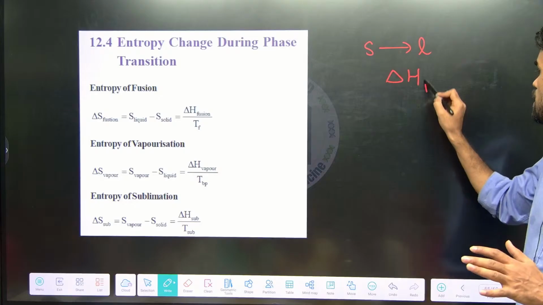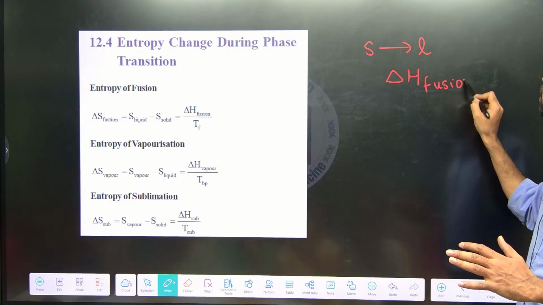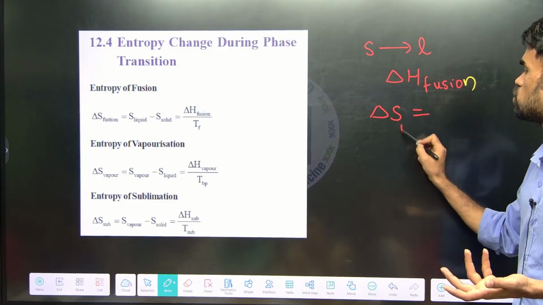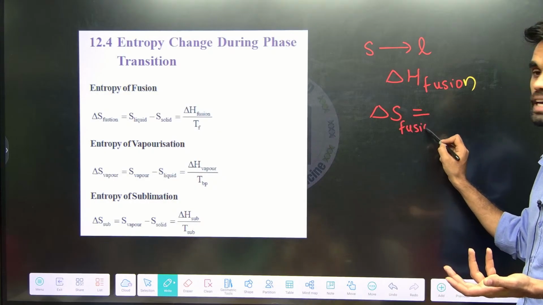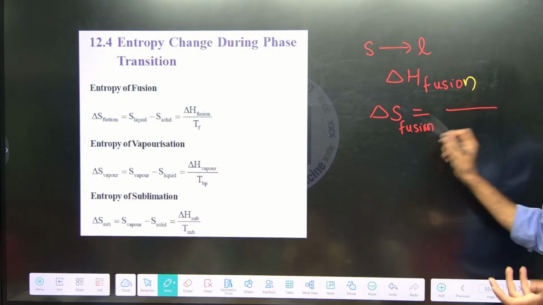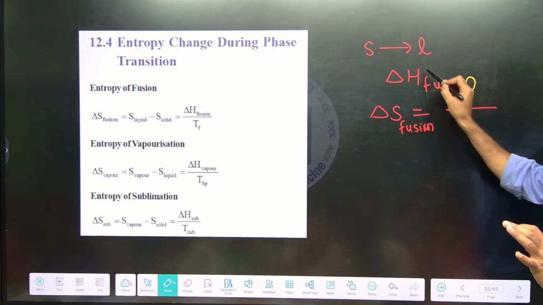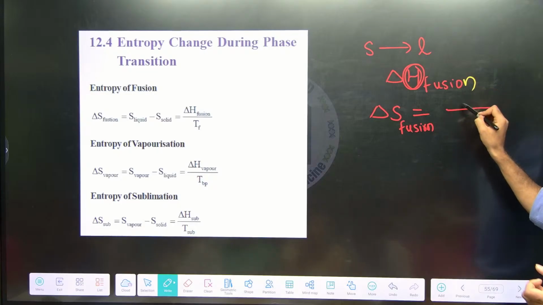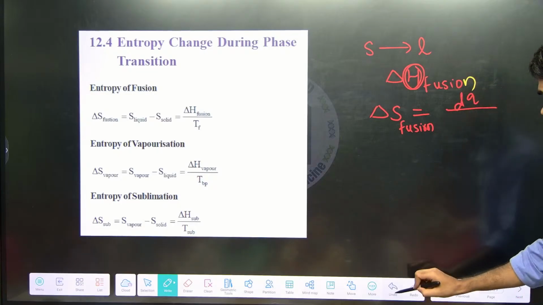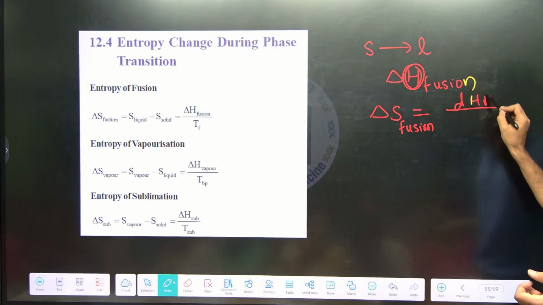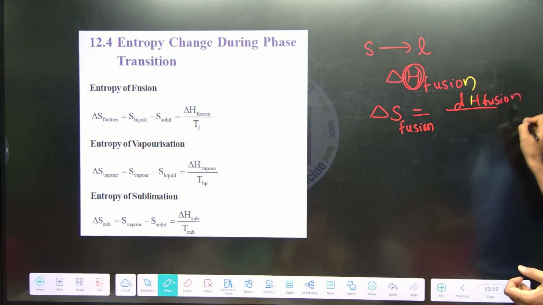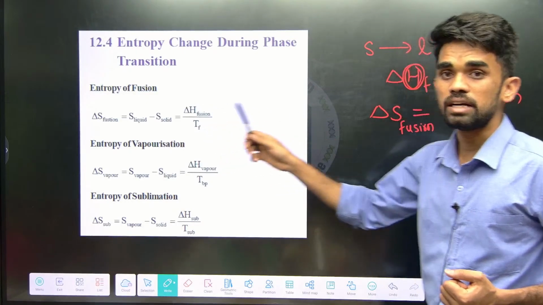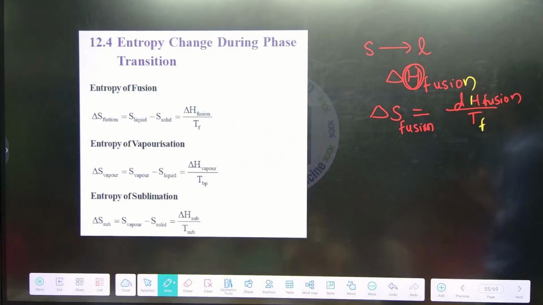Now if I ask what is the entropy here, there should be entropy of fusion. So the entropy of fusion is nothing but, see, H is what? Heat only, enthalpy or heat energy. So instead of writing dQ, I am writing dH fusion by the temperature we used for this fusion purpose.